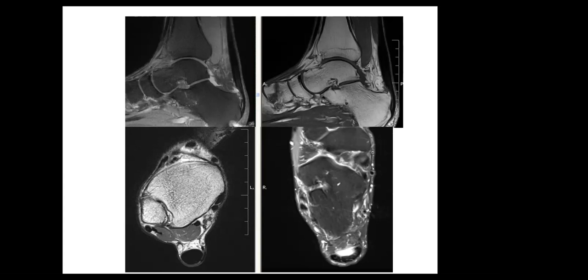What I can see is multiple section MRI of the ankle joint, sagittal and axial view. I can see that there is thickening of the Achilles tendon, but intact with no tear. Also, minimal joint effusion, ankle joint effusion.